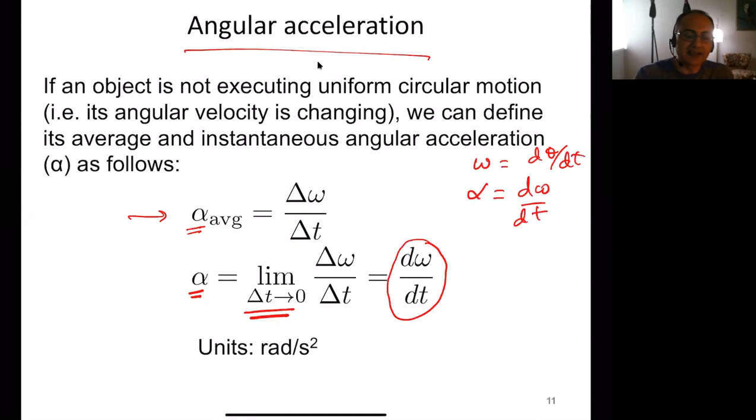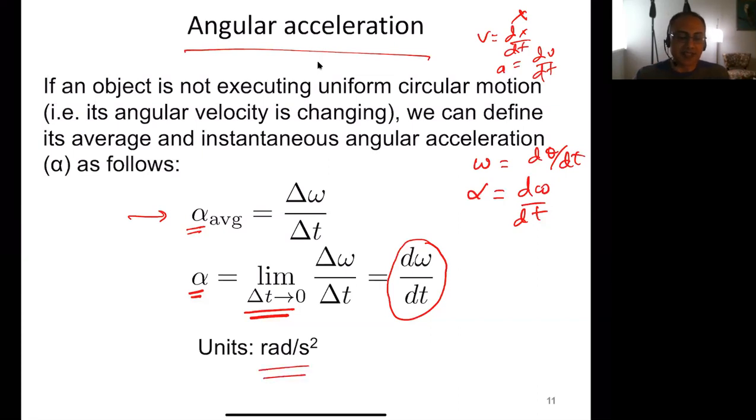You can see how analogous this is to our discussion in chapter 2. In chapter 2, we talked about position, it was x, and velocity was dx dt, and acceleration was dv dt. And this is exactly analogous to that. That clear to all of you? All right. The unit of omega was radians per second, and the unit of alpha is radians per second squared, because it's delta omega divided by delta t.